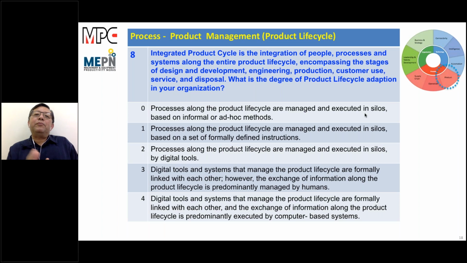What is the degree of product life cycle adoption in your organization? Okay, bear in mind, some SMEs just run one product and there's no end of life. Let's say you are a sugar manufacturing plant, you just produce sugar from day one until today, you never change, only one product.